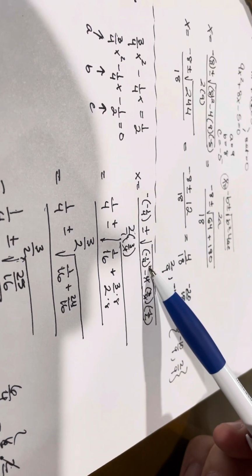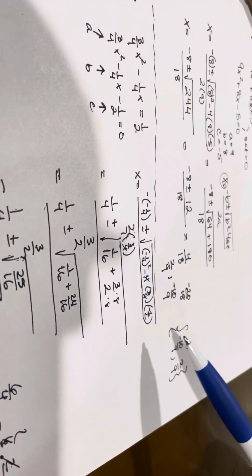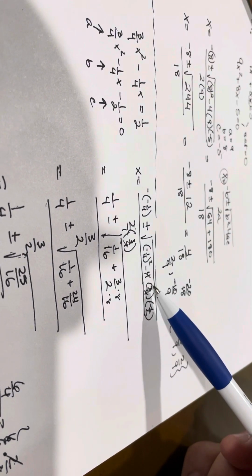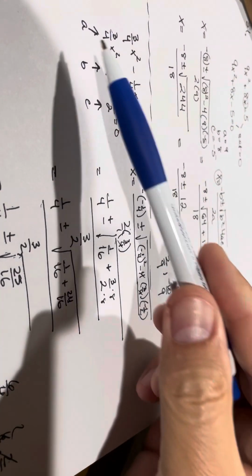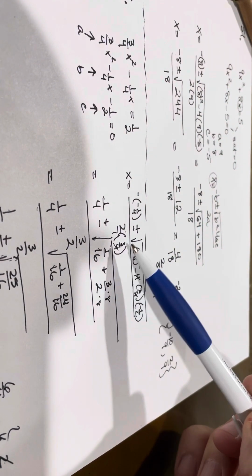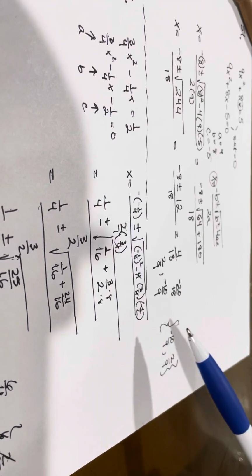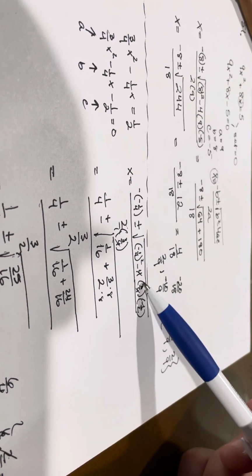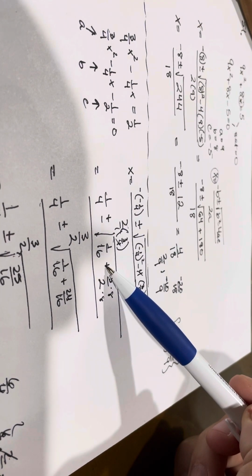I have negative 1/4 squared, which is a positive 1/16. Now, I have 4 times a times c. Well, a is 3/4, there's my 3/4, and I put it down there as well. And then my c is negative 1/2. So a negative multiplied by a negative gets me a positive.